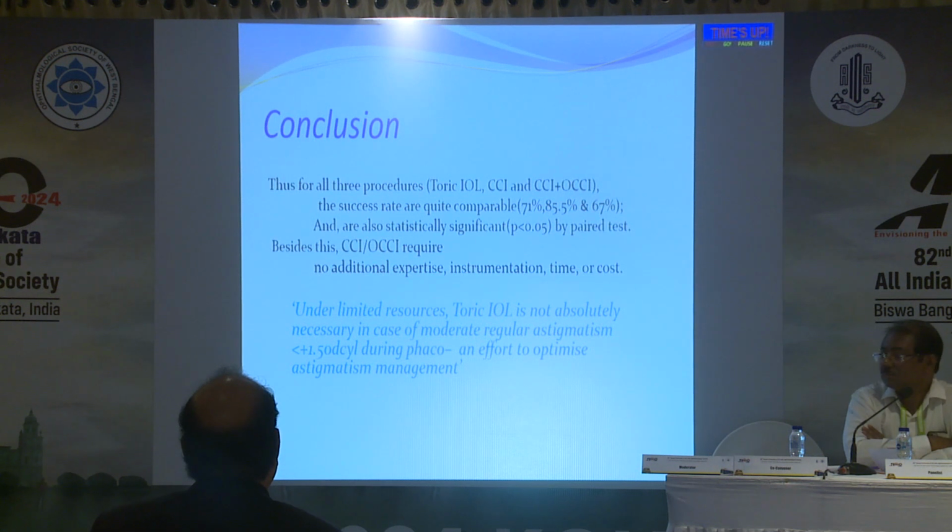So under limited resources, toric IOL is absolutely not necessary in cases of moderate regular astigmatism, and it is an easy effort to optimize the astigmatism management. It is a very good idea for the mass treatment if you follow the simple rule of coupling effect. Thank you, doctor.